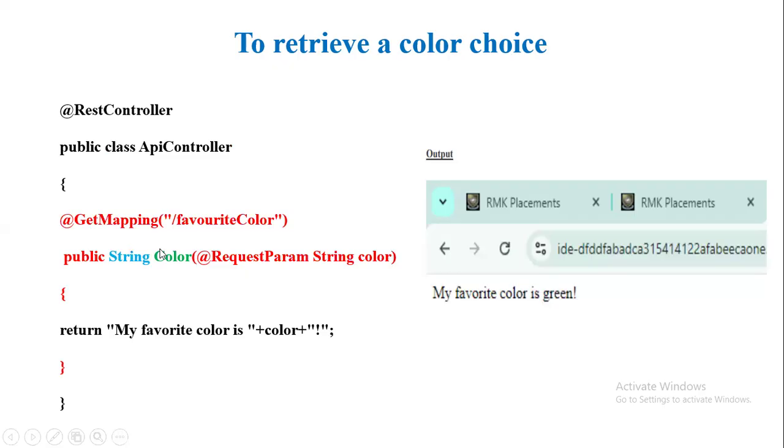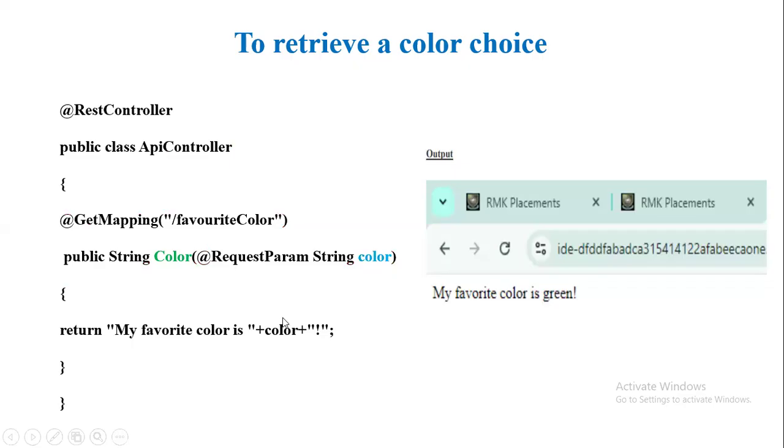I have also given the endpoint called favorite color with @GetMapping because whenever a user initiates an HTTP request, if the user has given favorite color as the endpoint name, this color method will automatically be called and run inside the server, and it returns something from inside the color method.